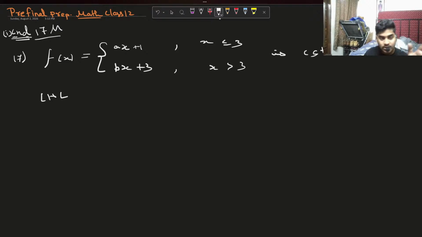LHL means left hand limit. In the left hand limit, the limit x tends to 3 minus comes. So limit x tends to 3 minus means 3 minus. We take a line and write 3 on it. 3 minus means negative side, this part. So when it is negative, that is less than 3, so this x uses ax plus 1. Understand?